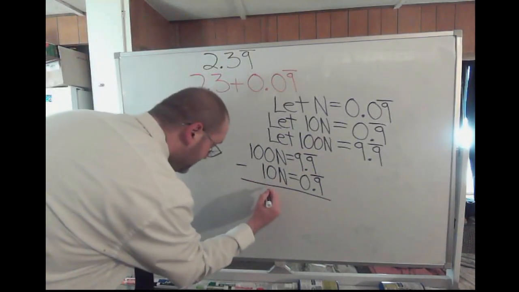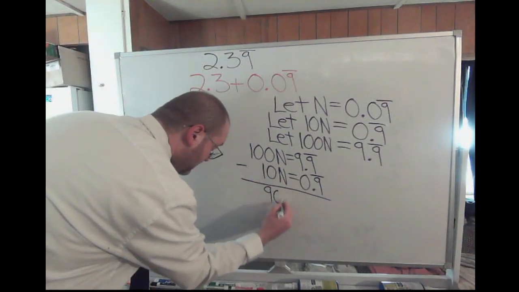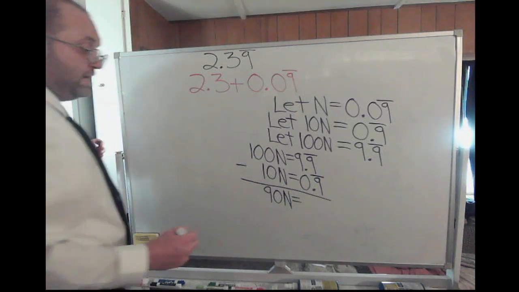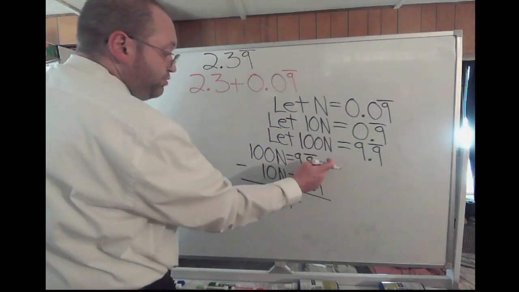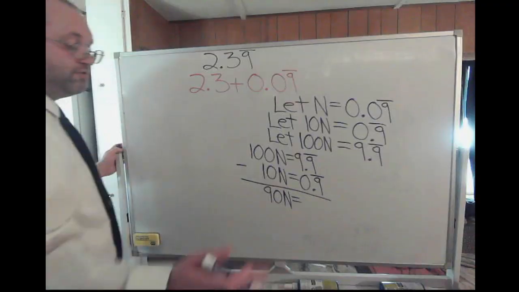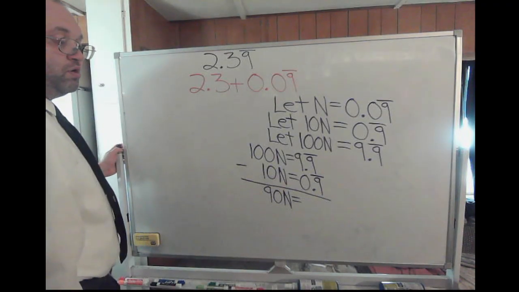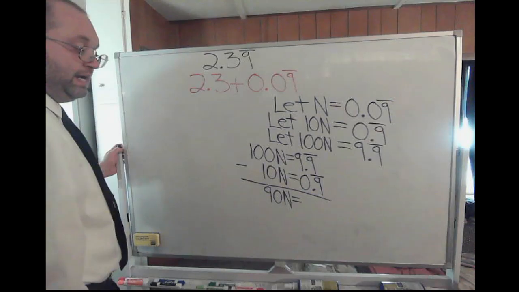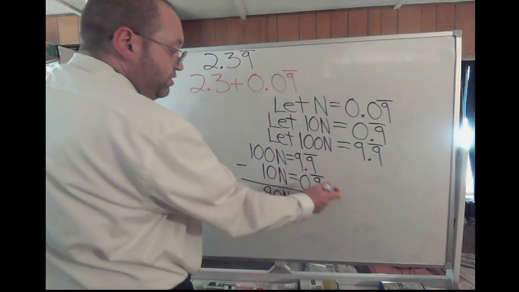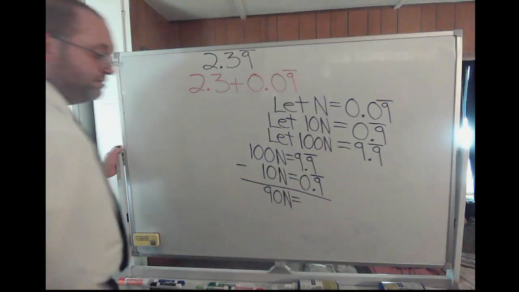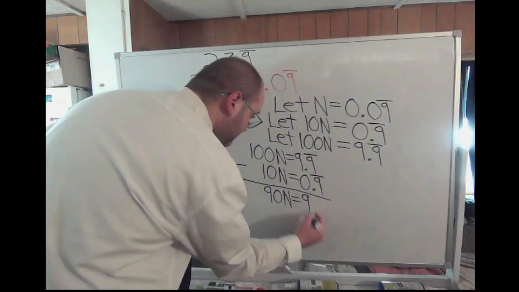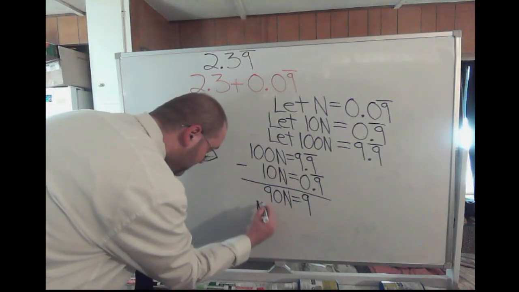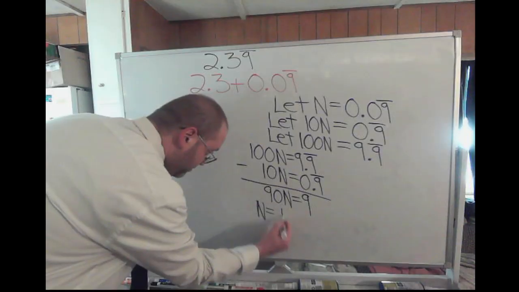That's going to be 90n. And then you just got to focus on 0.9 repeating minus 0.9 repeating. Well, that's just basically going to be 0. Now you just got to worry about 9 minus 0, which is 9. So now we just want to solve for n, divide both sides by 90. You would get n equals 9 over 90, which is 1/10.